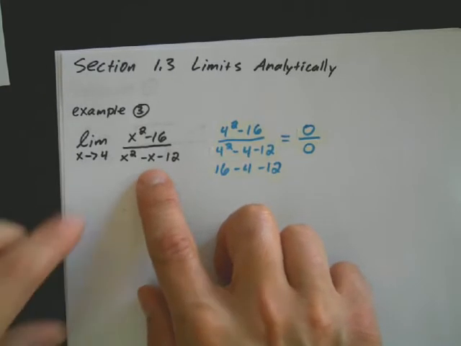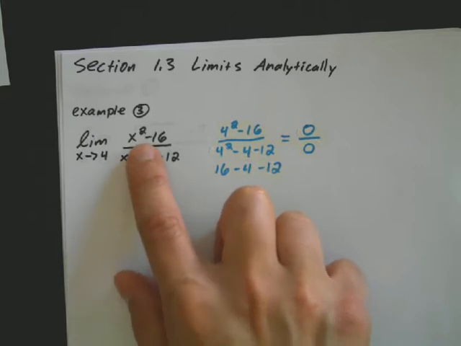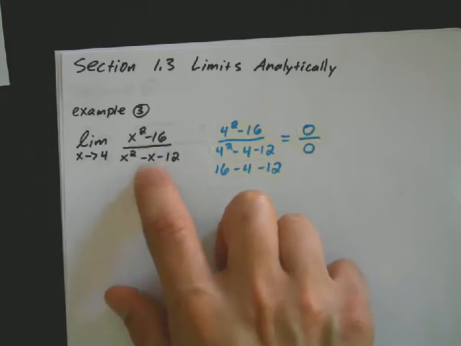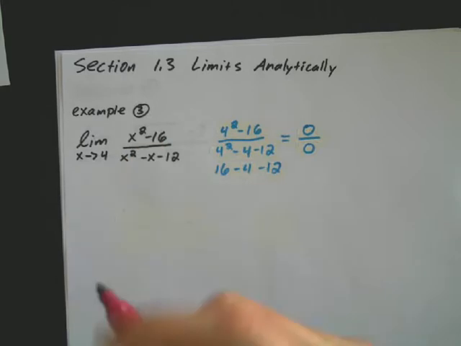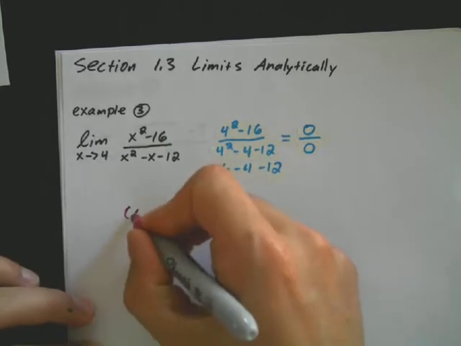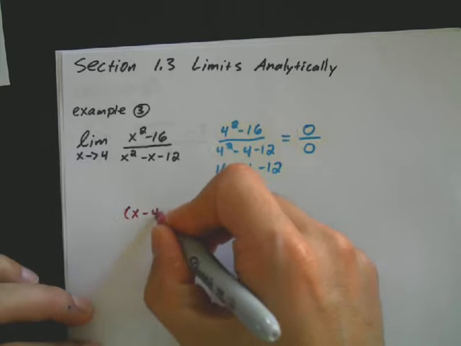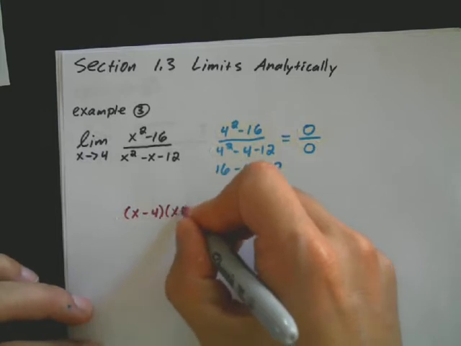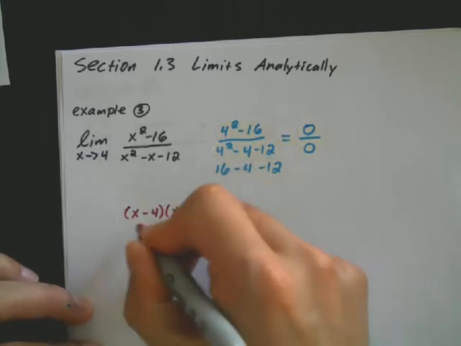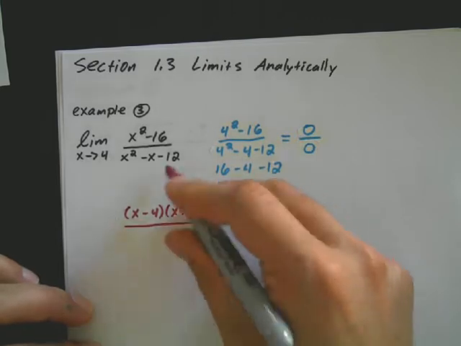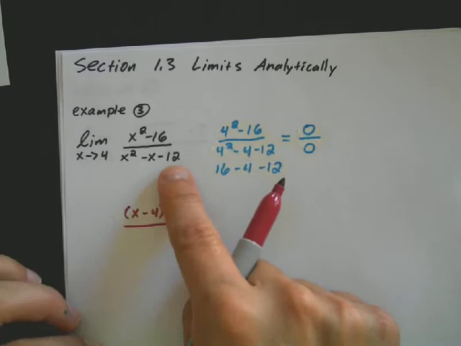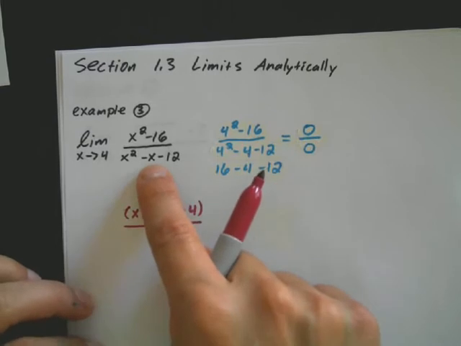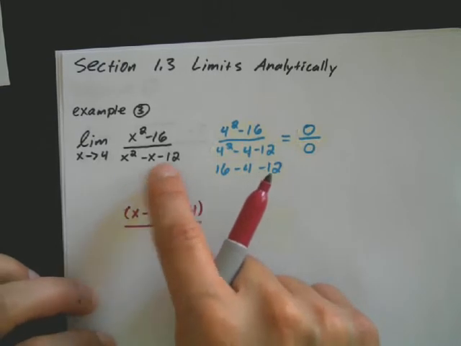Well, hopefully you recognize that this is factorable, and this is also factorable. The numerator is a difference of squares, so this factors as x minus 4 and x plus 4. Down on the bottom, I'm looking for a quadratic that multiplies to negative 12 and adds to negative 1. That's going to be the numbers 4 and 3.